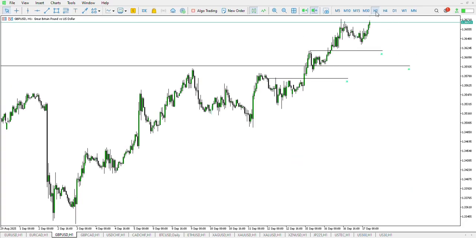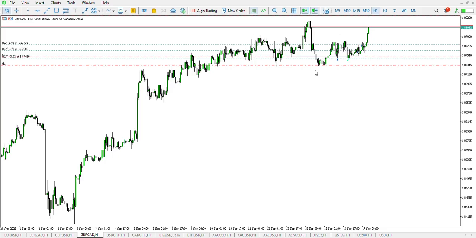I'm looking for a setup on GBP USD as well, and these are my levels: daily trend line, daily trend line, daily trend line. The price has not made any move to them at all, so no setup for me, no opportunities here for me. So, but on GBP card, you can see this is a daily low, daily trend line right there.